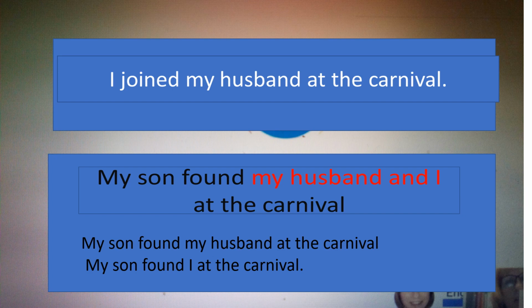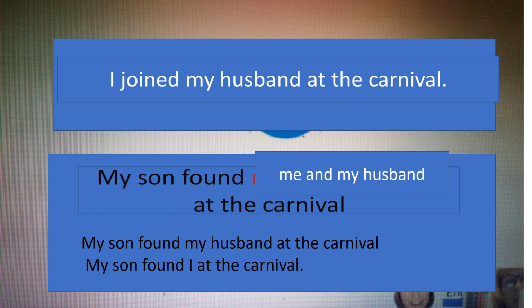Let's look at the correct sentence that we used a little bit earlier. My son found me and my husband at the carnival. We're going to do exactly the same thing. We're going to divide this sentence into the two simple forms that we find before and after the word and, then decide, have we used that pronoun correctly?